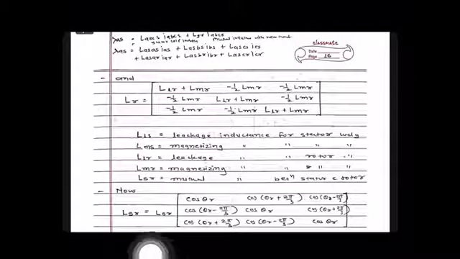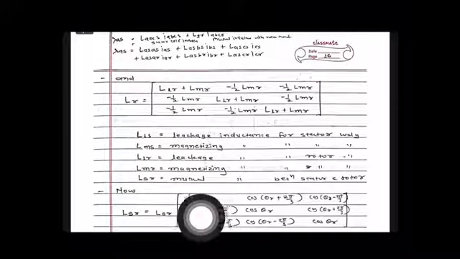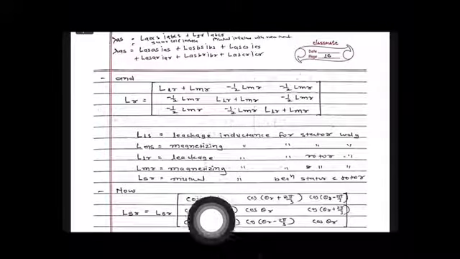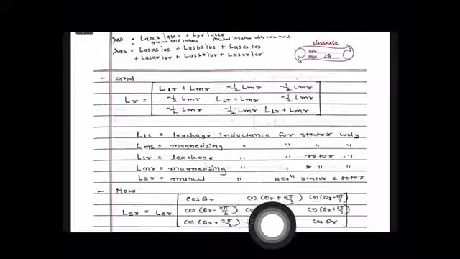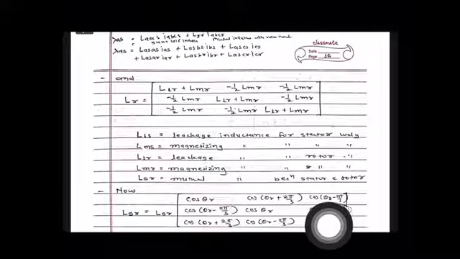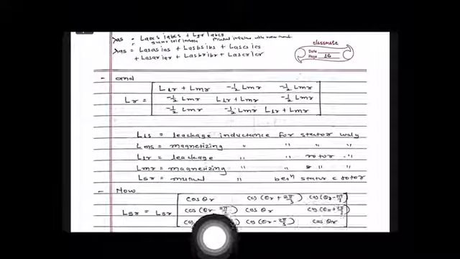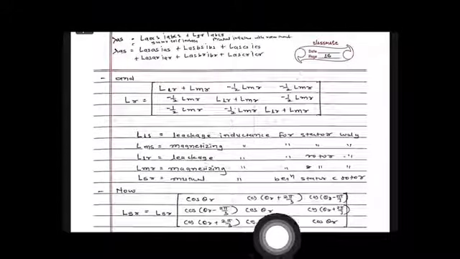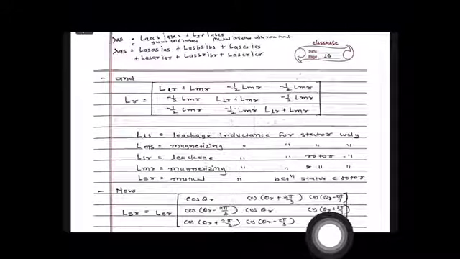So now define mutual inductance LSR, equal to the value of LSR into the matrix cos theta r, theta r plus 2 pi by 3, theta r minus 2 pi by 3, theta r minus 2 pi by 3, theta r, theta r plus 2 pi by 3.